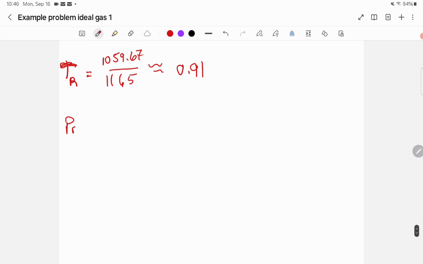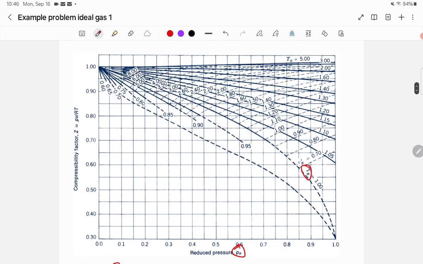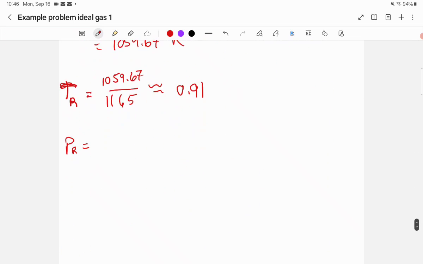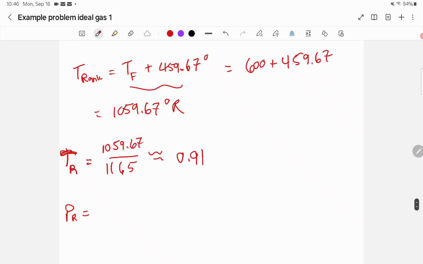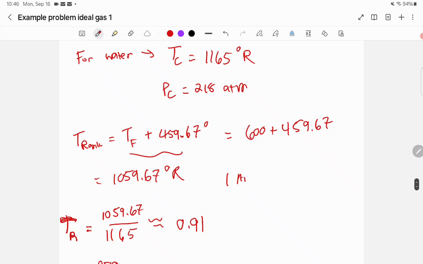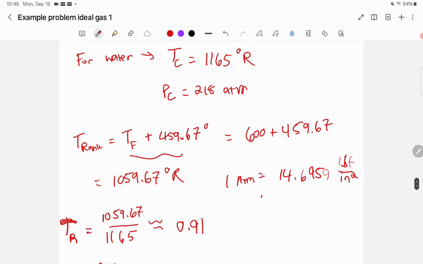So then the reduced pressure in this particular case is going to be the 900 divided by, but now we have to convert this 218 atmospheres to pound-force per inch squared, and here the conversion is 1 atmosphere is equal to 14.6959 pound-force per inch squared.